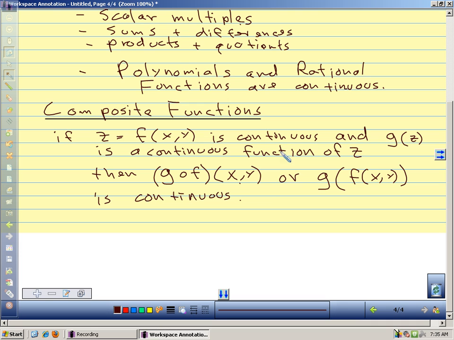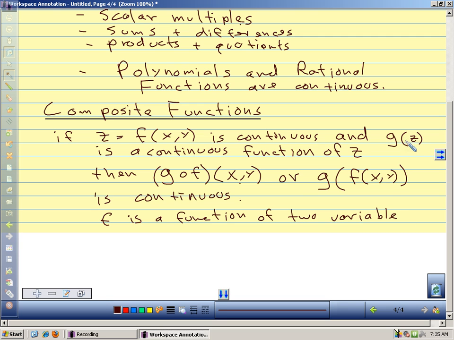Now the twist here is that f is a function of two variables, and z is a function of one variable.